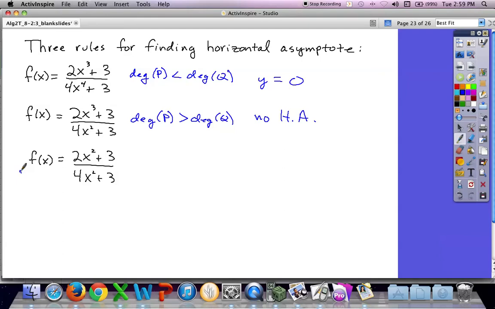Which leaves us with one possibility. What happens when they have the same degree? What happens when both of them are x squared?